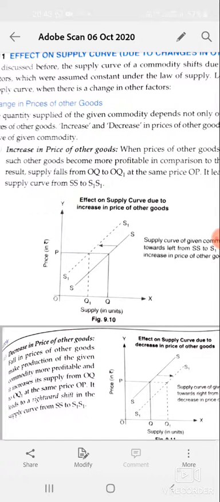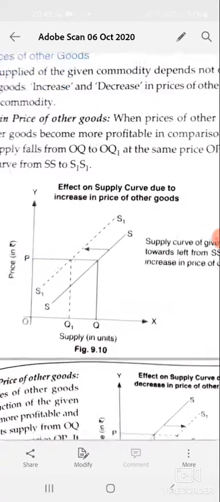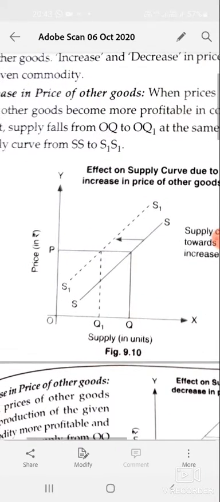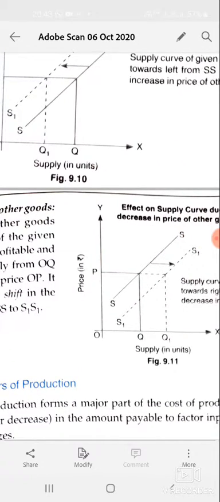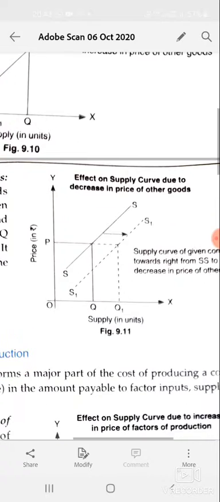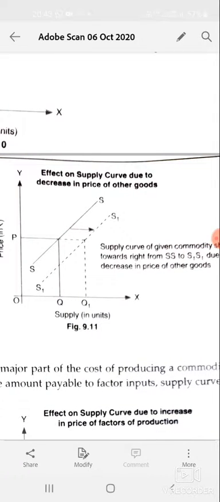If the price is constant and the price of the other commodity falls, then the producer will produce the same commodity, that is X. As a result, the supply will increase from OQ to OQ1, and the supply curve shifts toward the right-hand side.